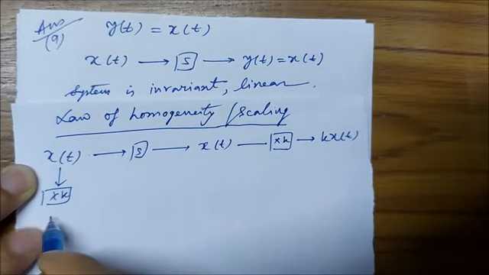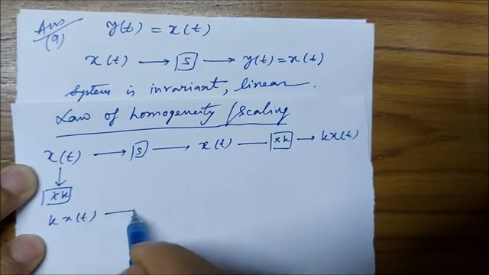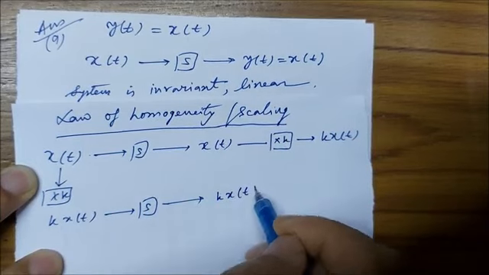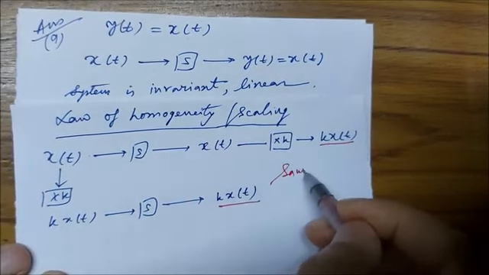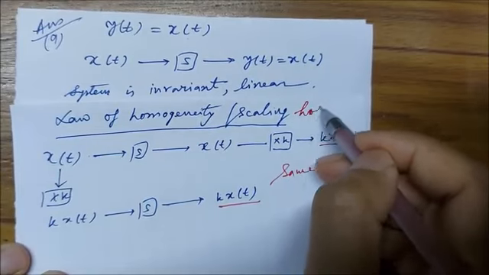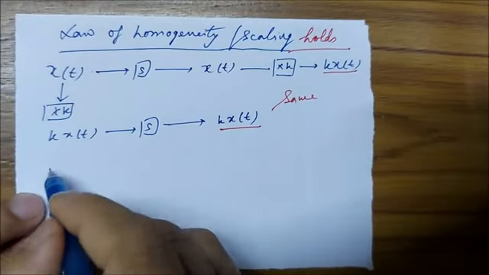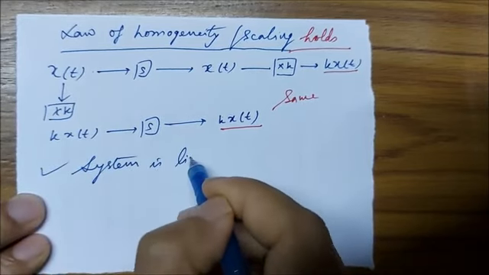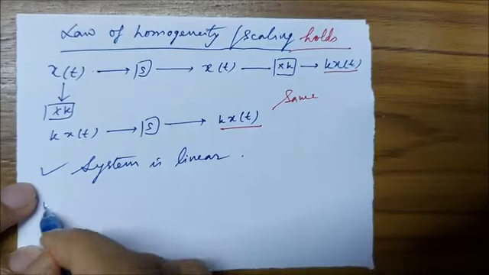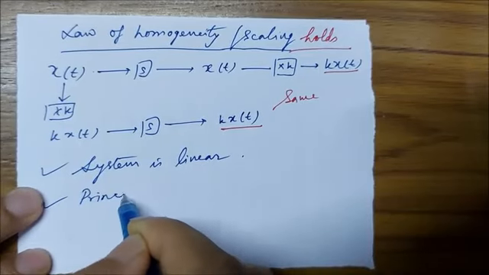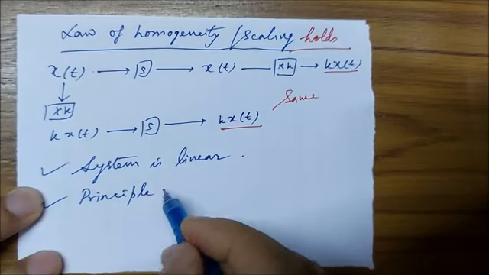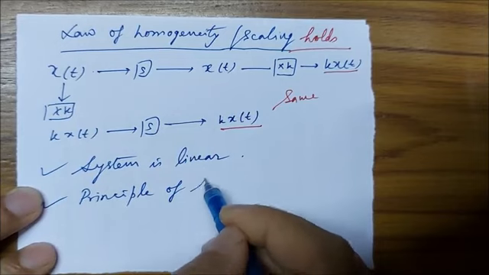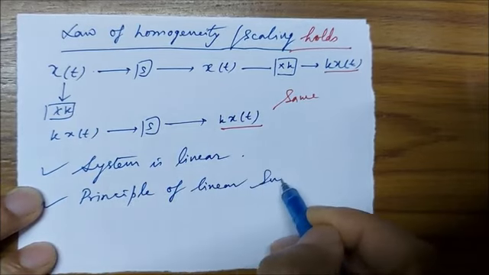Here we scale the input, but after passing through the system we end up with the same thing, and the two are same, so this holds. So it follows that system is linear as we guessed or expected, and since law of additivity and law of homogeneity or scaling holds, principle of linear superposition holds.